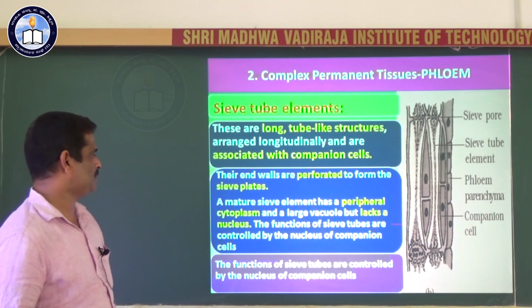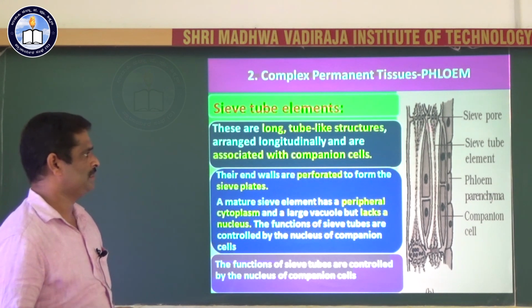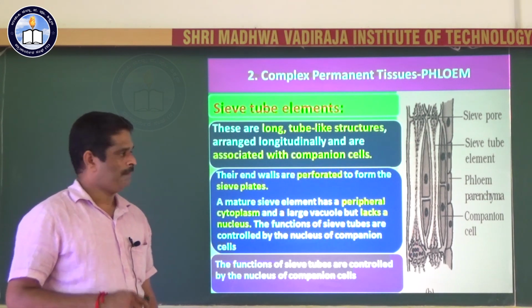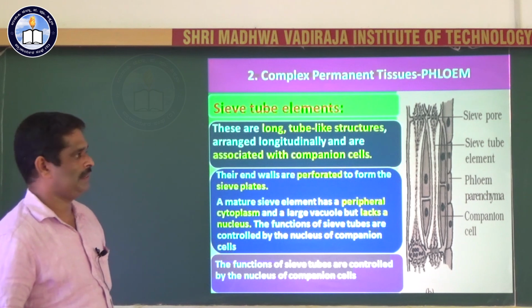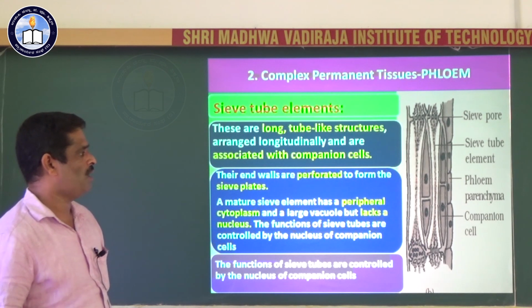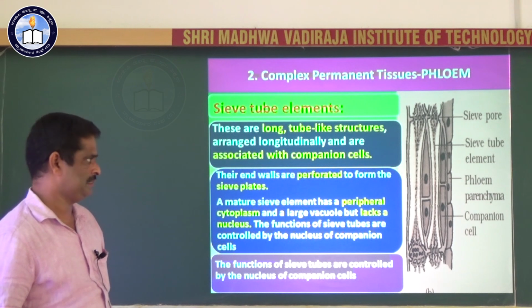The functions of sieve tubes are controlled by the nucleus of companion cells. Sieve tubes lack the nucleus, but their function is controlled by the nucleus of companion cells. A sieve tube may be associated with only one companion cell or many companion cells.